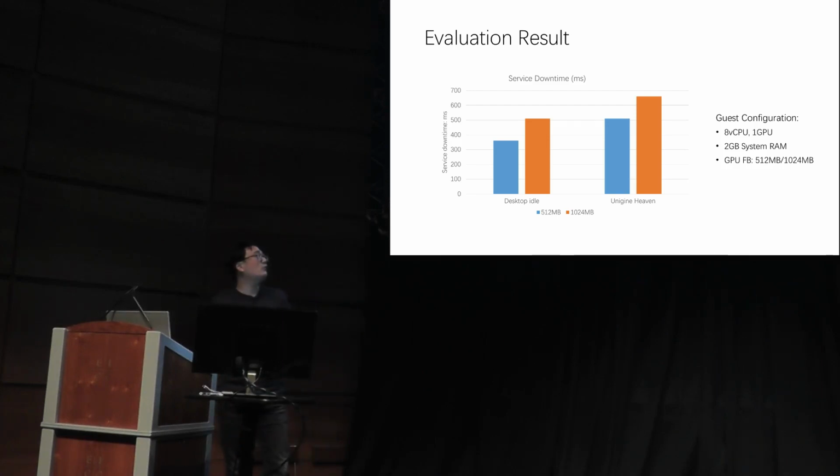We also compared a smaller frame buffer size of 512 meg with a larger frame buffer size of around 1 gig. So we see that with the bigger frame buffer size and a busy GPU, you have a larger service downtime. And in the idle case with the smaller buffer size, it's about 350 milliseconds of service downtime.